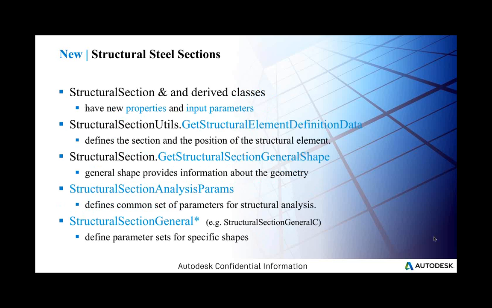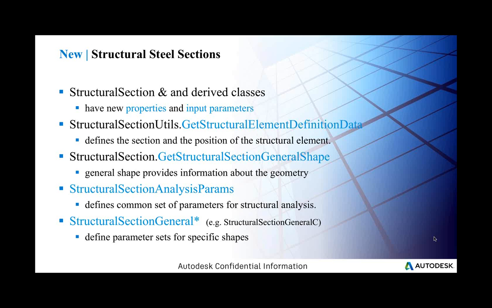A number of enhancements to information in the structural steel sections. So we have new properties and parameters on the structural section and derived classes. A get structural element definition data defines the section and position of the structural element. The basic idea behind all of this is that for structural steel sections, there are a bunch of parameters that everybody wants to know about.